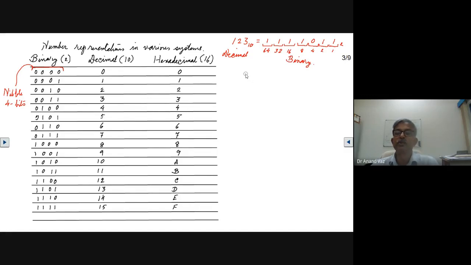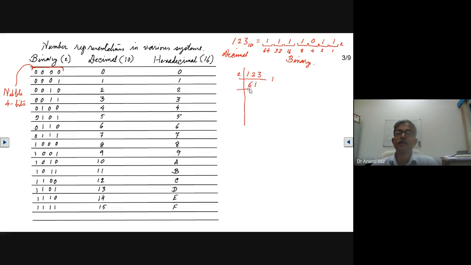But there is another way of arriving at this, and I'm sure all of you must have done this at school itself. You have the number 123, you go on dividing it by 2. As you go on dividing, 2 6s are 12, 2 1s are 2, but you have one remainder.